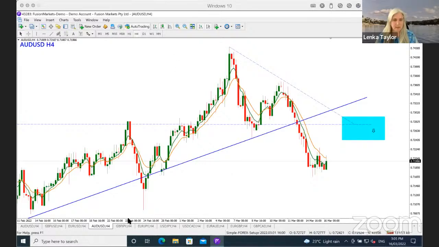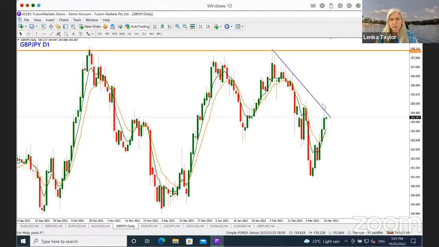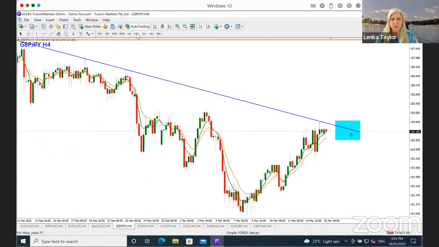Okay, next currency pair, I'm looking at GBP JPY, and GBP JPY I'm going short, same as the last few weeks. So again, we are back at that trend line. So I will be looking at short opportunities around this area once this sideways price action is basically finished.